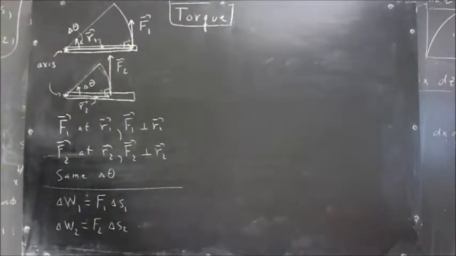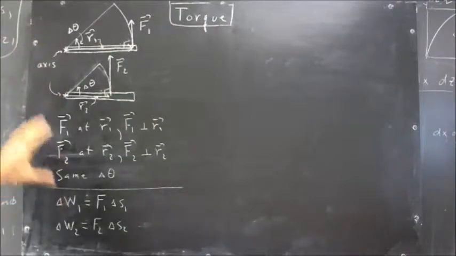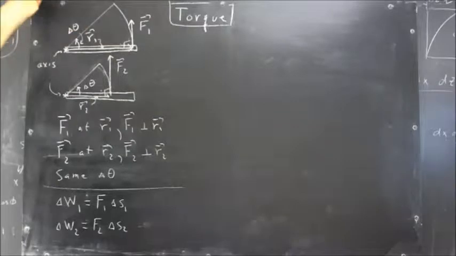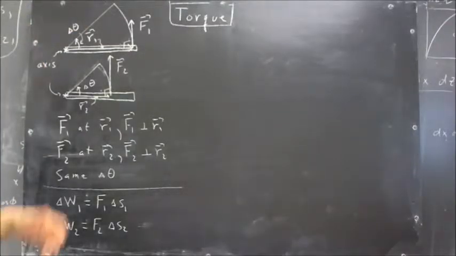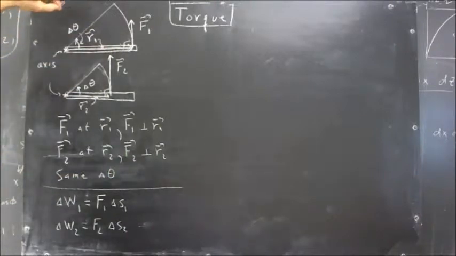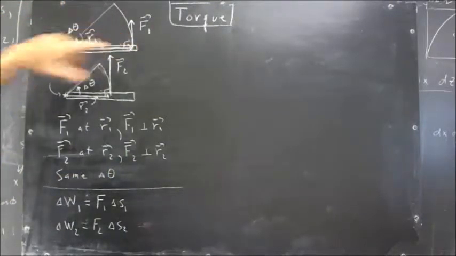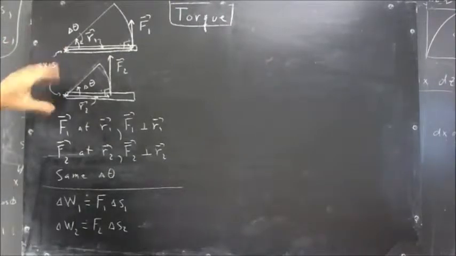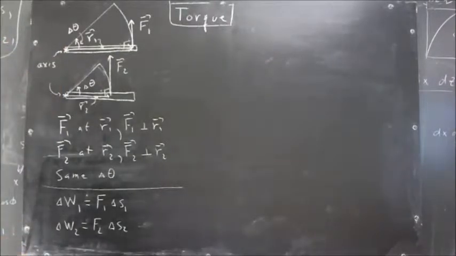We're going to leave all those things unspecified, because the definition of torque doesn't require anything about moment of inertia. It interacts with moment of inertia in a way we'll see. So we have a body rotating about some axis. It could be any body rotating about any axis.